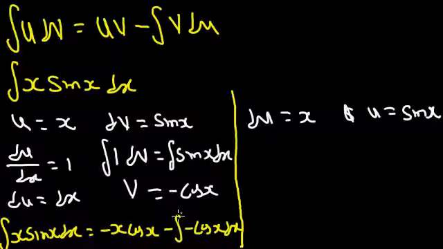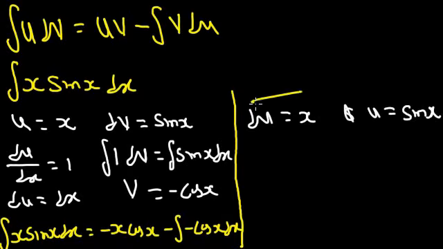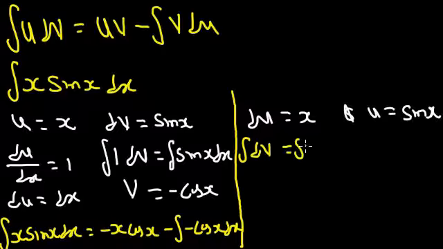Now, what will be the integral of cosine x? Even before we integrate it, let's simplify the other part as well. We said v is x and u is sine x. So we integrate dv to get v, which is the integral of x dx, and differentiate u with respect to x.